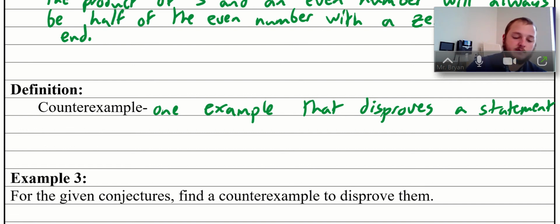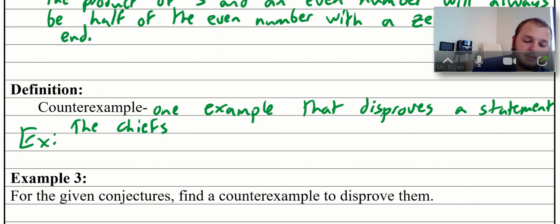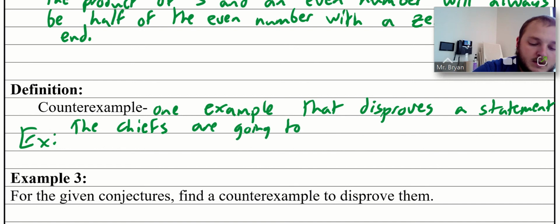Okay. So if we want an example for this, there are many different things that we could say. Let's just keep it simple. We'll say the Chiefs. I'll just have you write this down. We'll use a simple example, and you can come up with a million of them, obviously. Okay, we'll say the Chiefs are going to go undefeated this year. They're not going to lose a game.